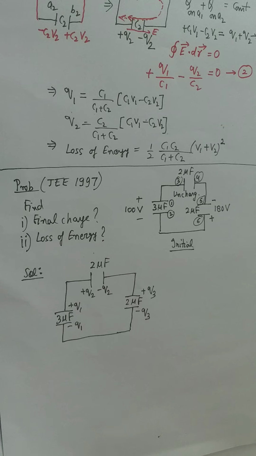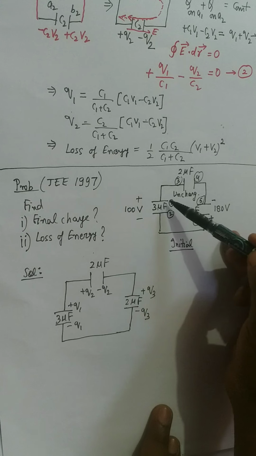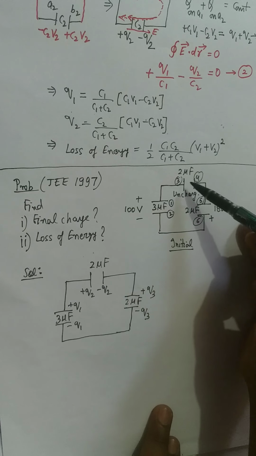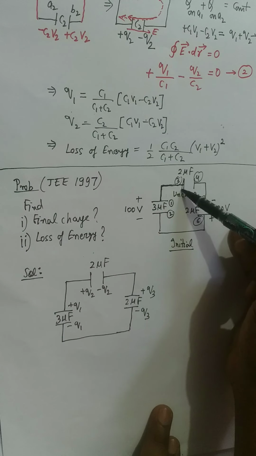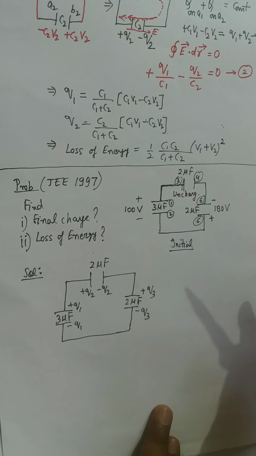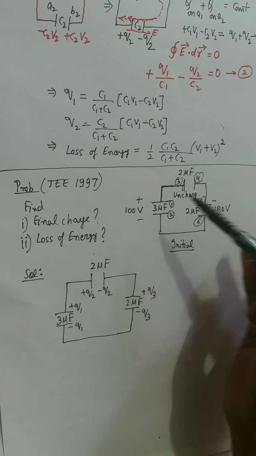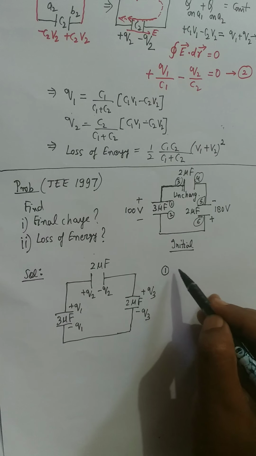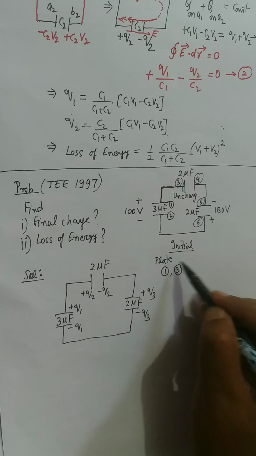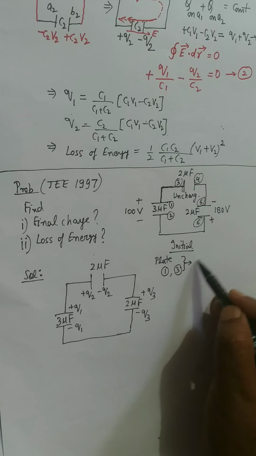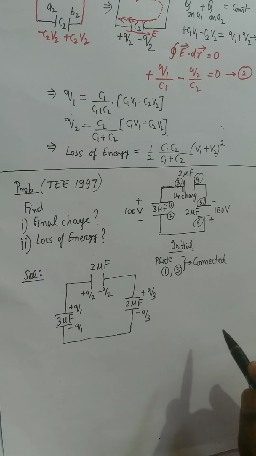If you look into the circuit, plate number 1 and plate number 3 are connected together. So conservation of charge will be valid for these two plates only.